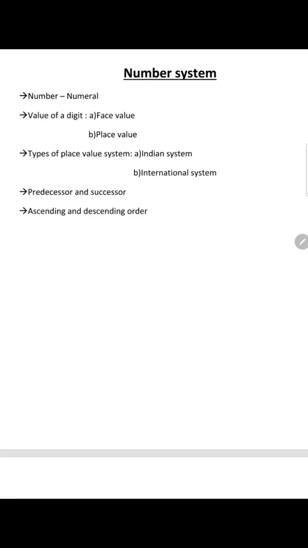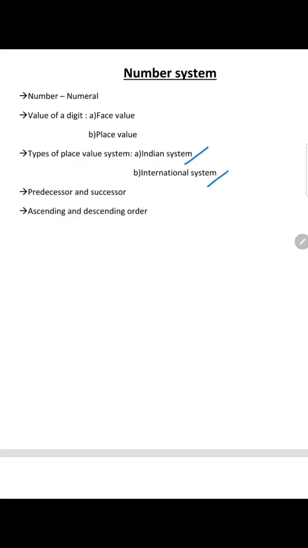Okay? The next concept that we are going to discuss is the types of place value system. We have two types of place value system. The first one is the Indian system and the second one is the international system.